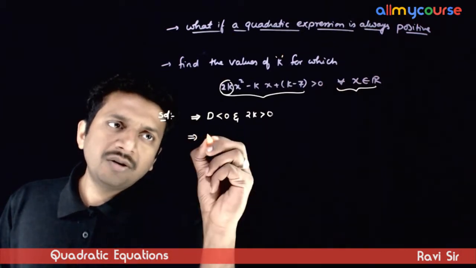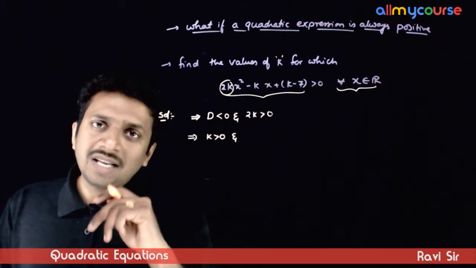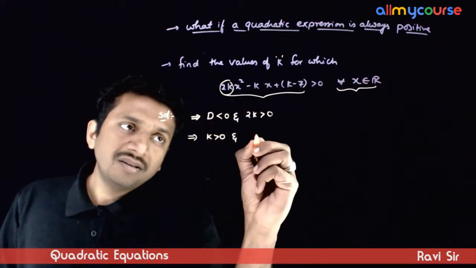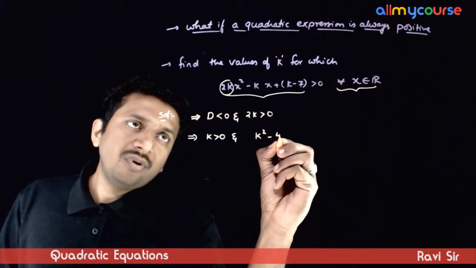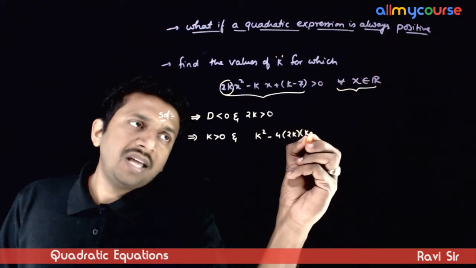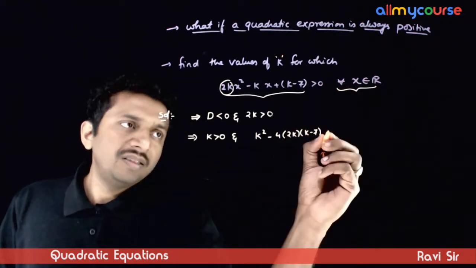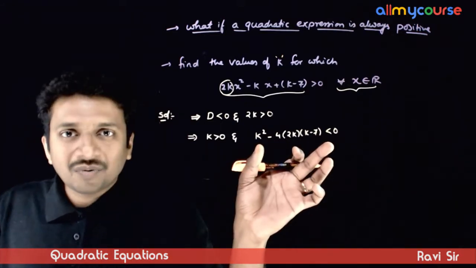So 2k greater than 0 implies k greater than 0, and the discriminant is less than 0. What is the discriminant? b² - 4 into 2k times (k - 7). This has to be less than 0. Now this is a quadratic inequality.